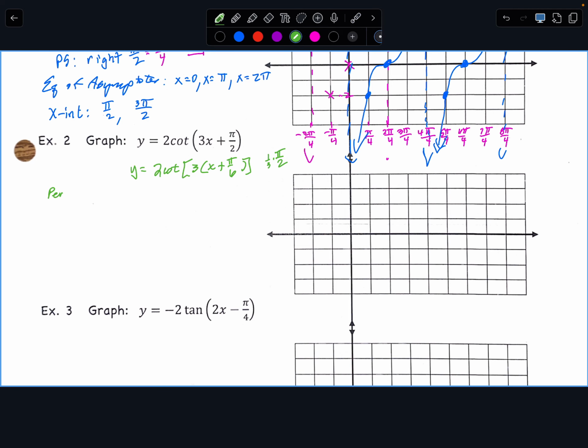So the period on this, since b is 3, is pi thirds. And the key increment is 1/4 of that. It's pi twelfths. And then the phase shift is left pi 6.